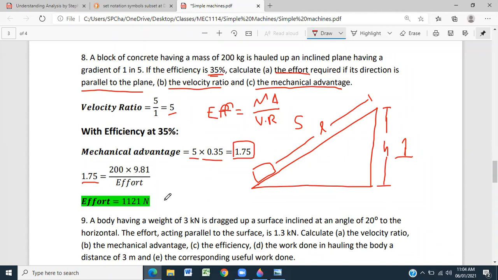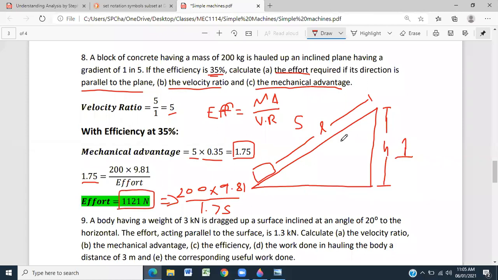Solving for the effort, we get the effort equal to the 200 kilograms times the 9.81 divided by 1.75. Plug this in the calculator, we should get 1,121 newtons. Yep.